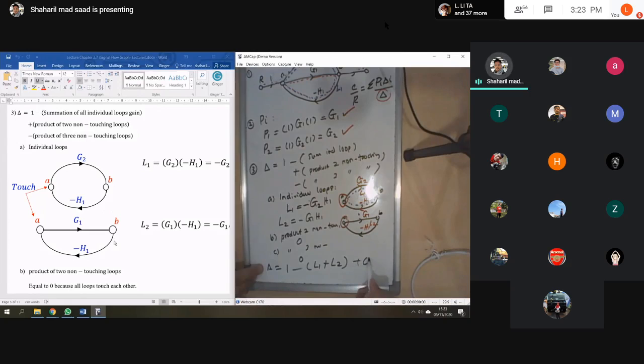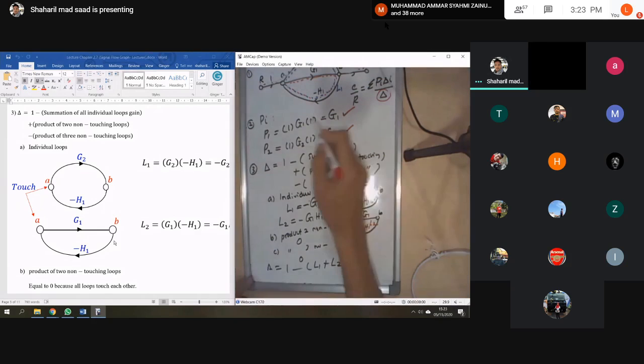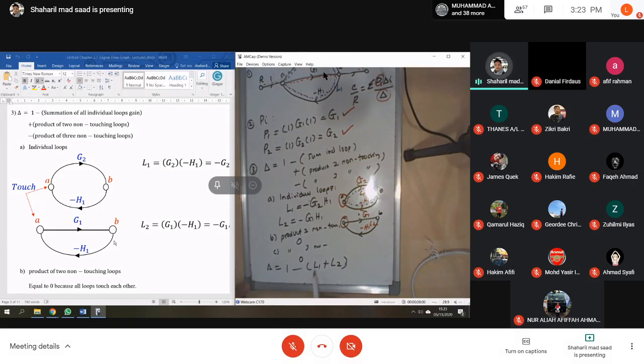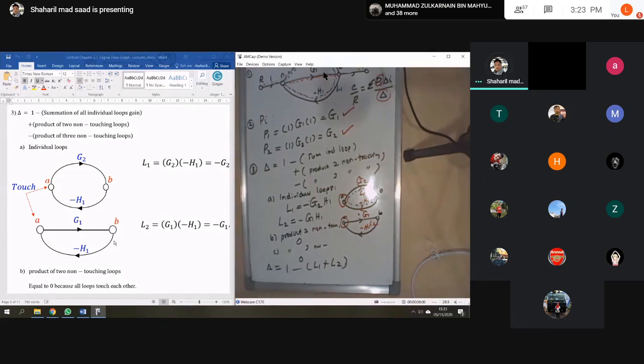And plus 0 minus 0 lah. So that's it. So done. First, find the PI, then second find the delta. Delta 1 minus L1 plus L2, where the L1 is minus G2H1, L2 is minus G1H1.